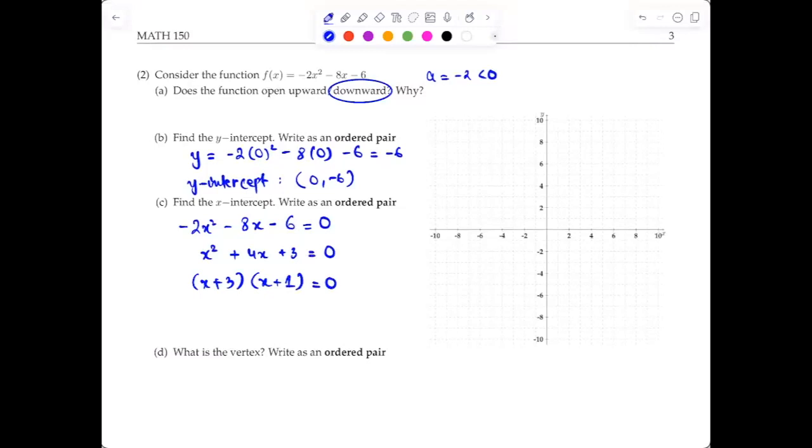So you're going to obtain two x-intercepts. x equal to -3, x equal to -1. So the x-intercepts are (-3, 0) and (-1, 0).